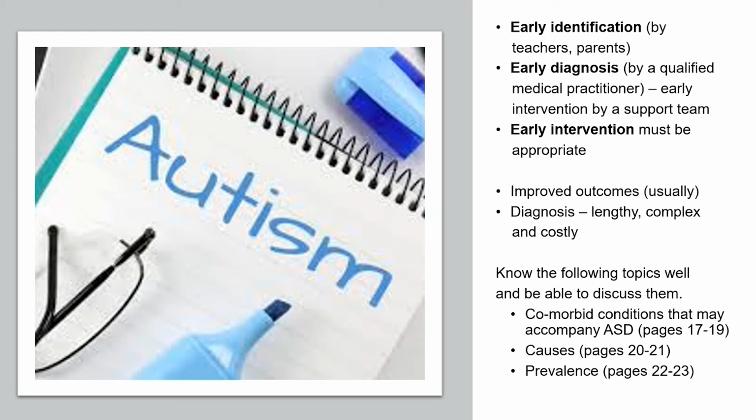Where intervention does not happen and where there is delayed intervention, we usually see reduced positive outcomes. So there may be much longer speech delays, or the learner may even remain nonverbal. And then again, appropriate support needs to be provided.